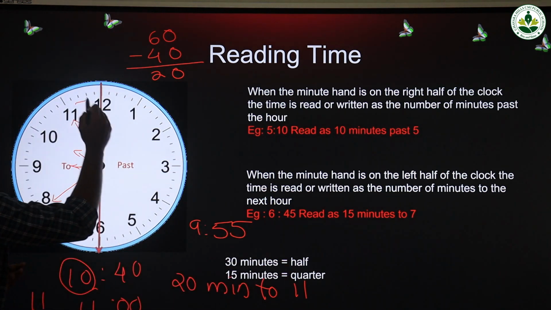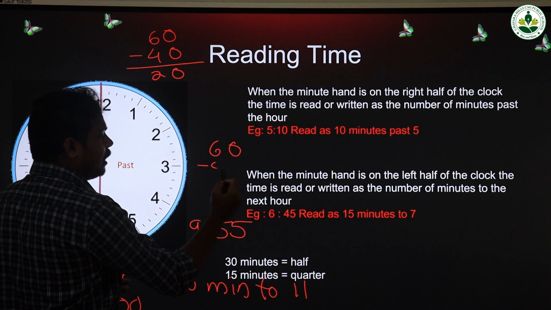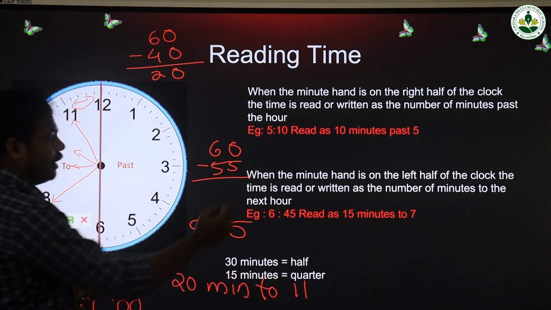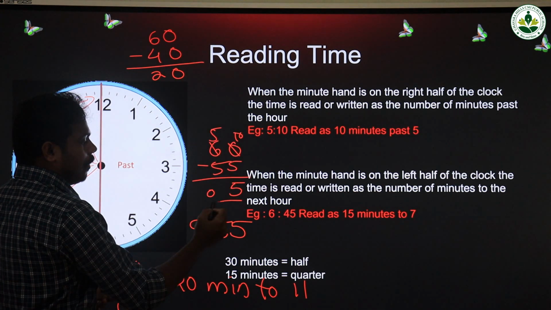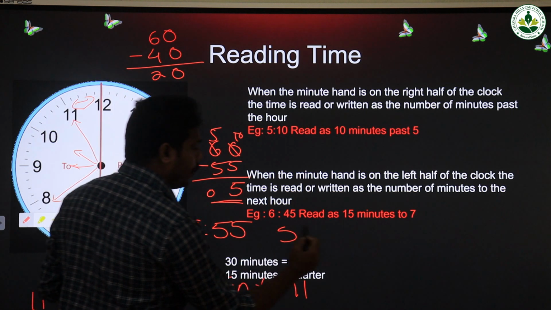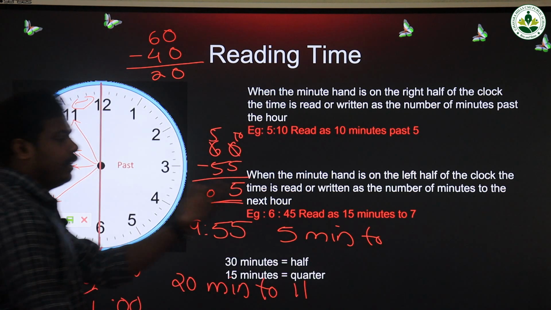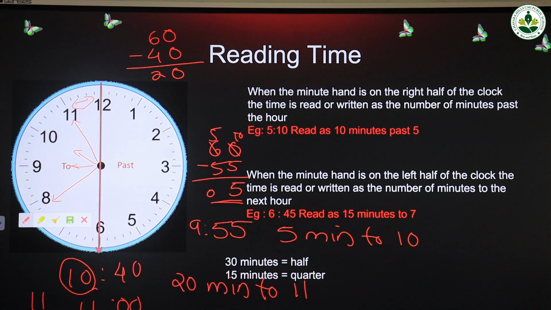It takes 5 more minutes. I will check 60 minus 55. Subtract the minute from the 60. That is 5. That means 5 minutes to the next hour. The next hour is 10. 9:55 is read as 5 minutes to 10.